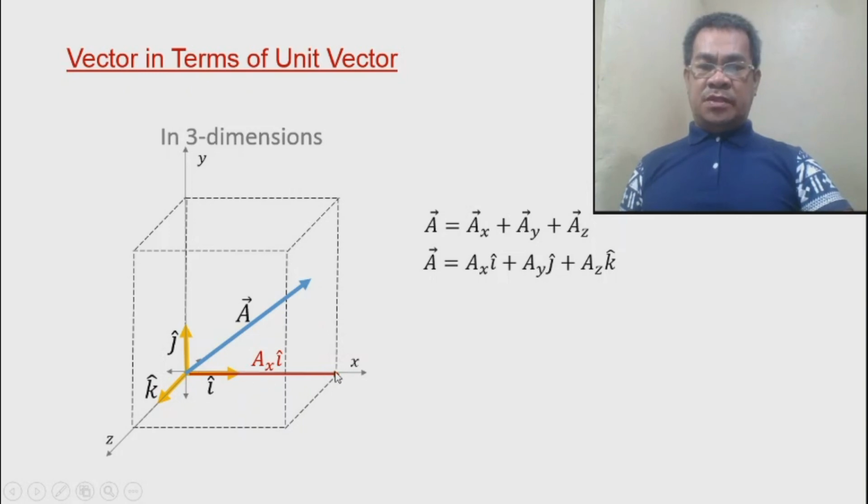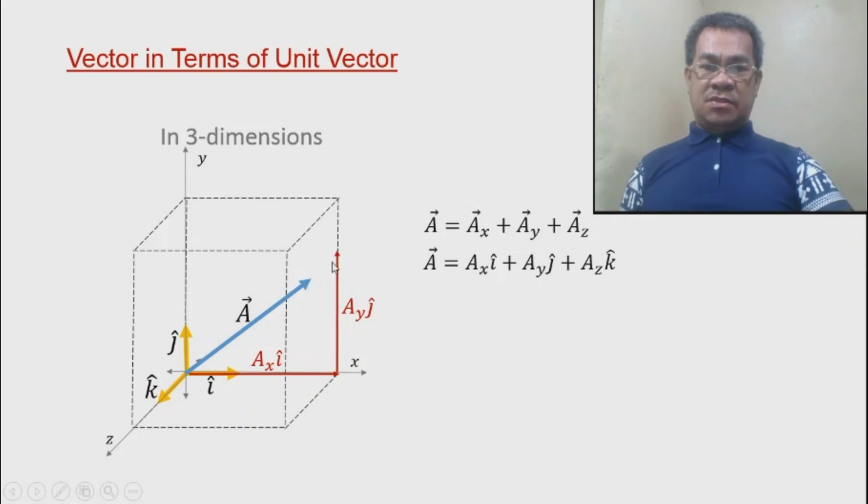If this reaches the wall of this side of the box, then Ax must be at this point. Now Ay can be constructed from the tip of the Ax vector. This is positive, so you have to move upward, so therefore this should be Ay j hat. Then the Az vector has Az magnitude times the k hat.